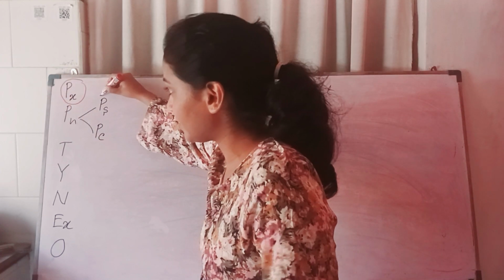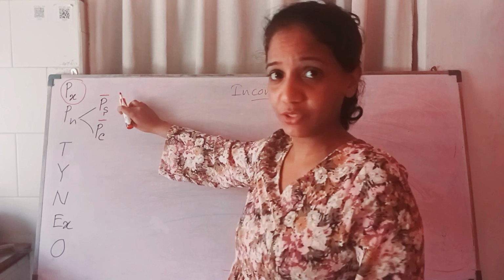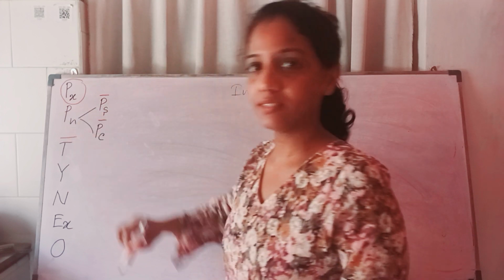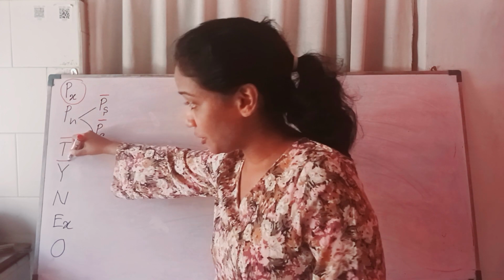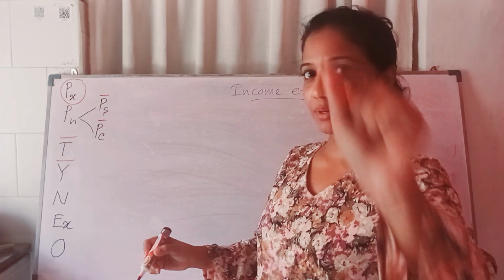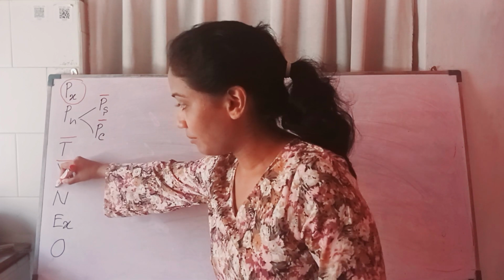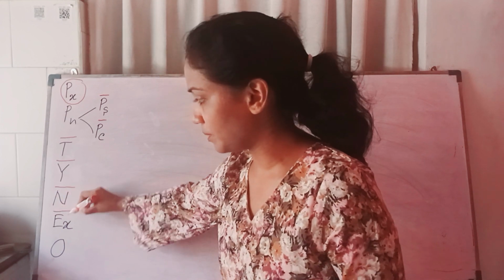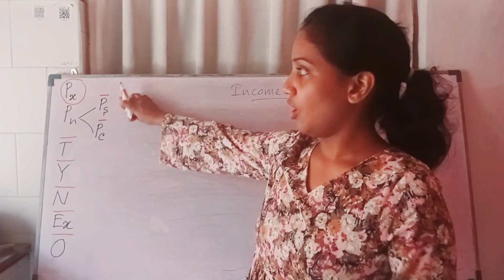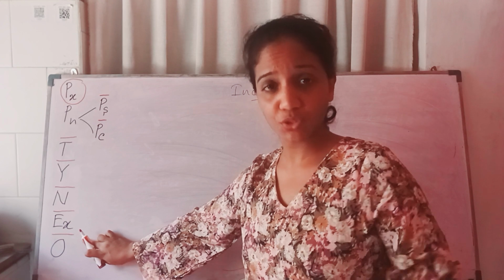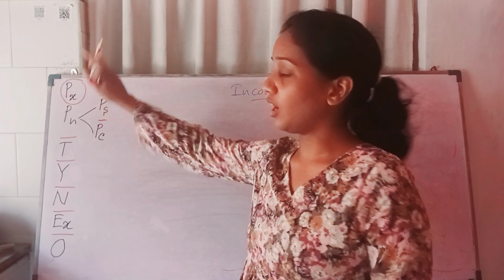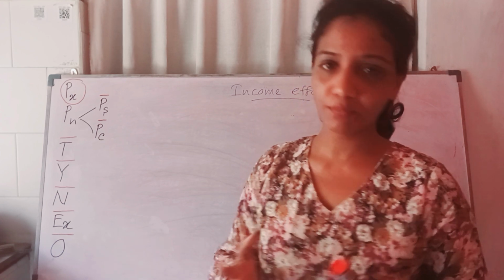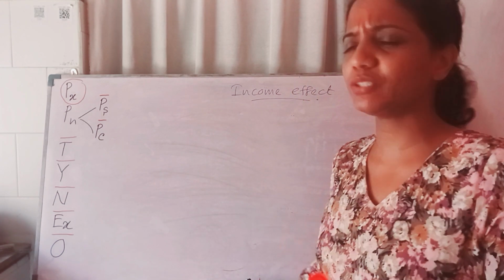The other factors, which means the price of the substitute good, the price of the complementary good, taste of the consumer, consumer nominal income, the number of consumers in the market, future expectations and other factors, should all remain constant. Only the price of the concerned good changes when we talk about the law of demand.